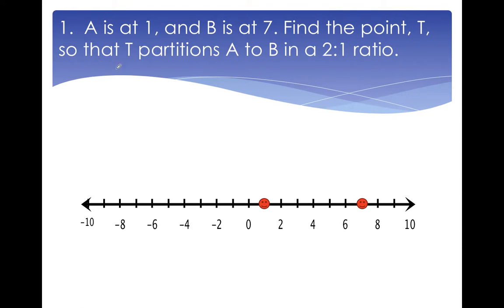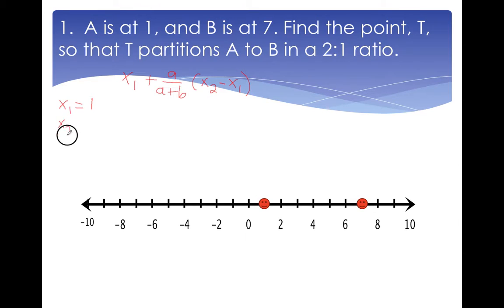We have our formula, and let me write it down correctly: x1 plus A over A plus B times x2 minus x1. If that's the case, then we're saying that our x1 is represented by the point 1.